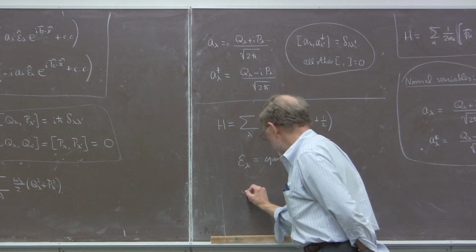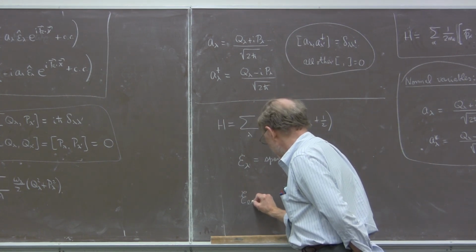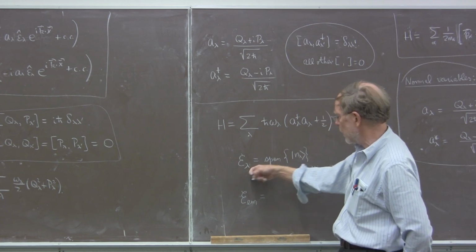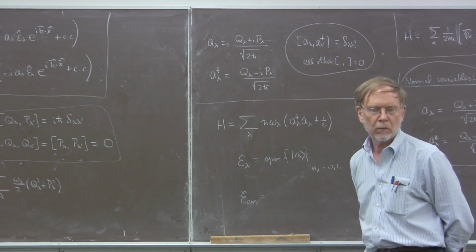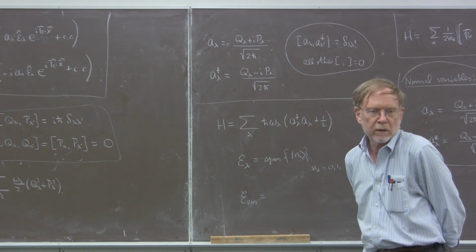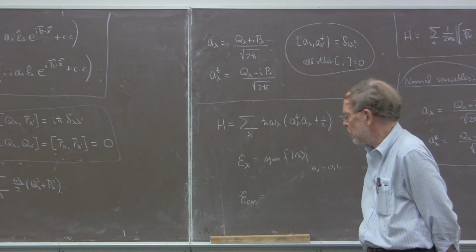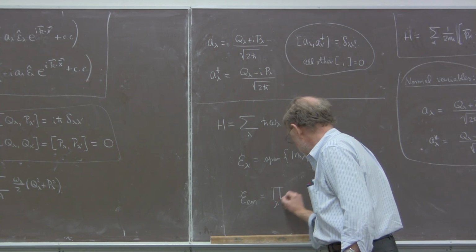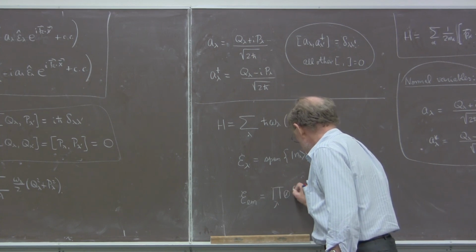And if you want the state space for the entire electromagnetic field, it's simply the tensor product of the state space for each oscillator, one space for each oscillator. So it's a product over all modes, and this is actually a tensor product of the E sub lambdas.